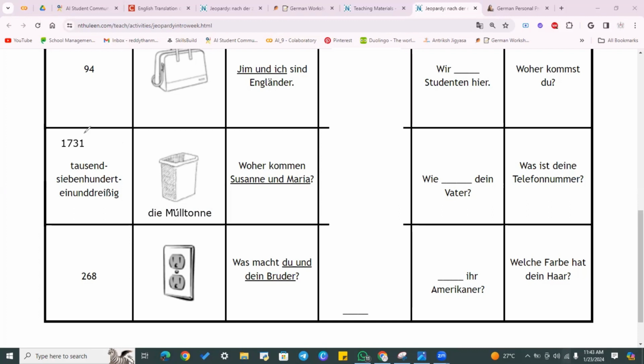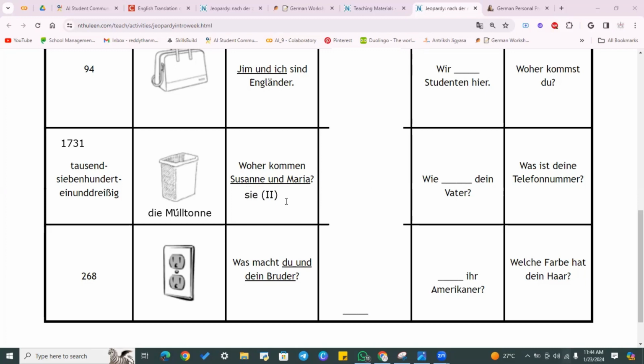Next. Woher kommen Susanna und Maria? Where are these two kids from? So, what is the pronoun? They, right? That in German would be sie. It's okay if you write just sie.